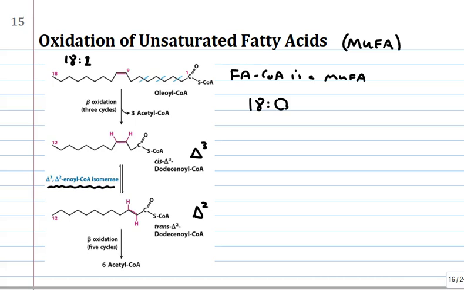So let's go back to what I said a while ago. You break this down, how many acetyl CoA are you going to get? Well, there's 18 carbons, so you're going to get 9 acetyl CoA. So you're going to get those 6 here, 7, 8, 9 from up there. Okay? But what I'm asking you now is, what if you had 18 colon 0 and 18 colon 1?